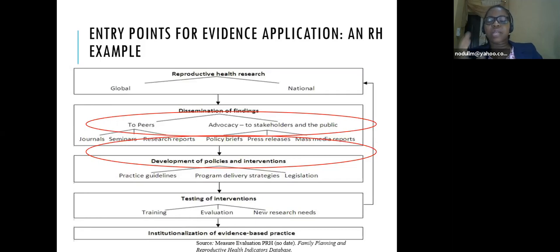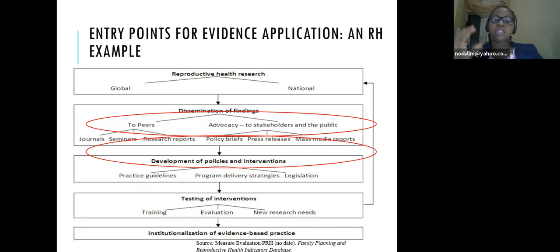We can also look at entry points for this application using reproductive health research as an example, which can be replicated in different sectors that we're interested in, where our evidence applies. So we have the scale, like here, global to national, could be national to regional to local, depending on your case and your context.